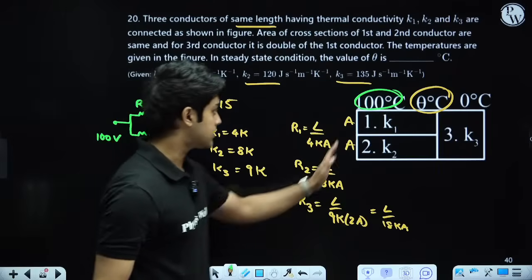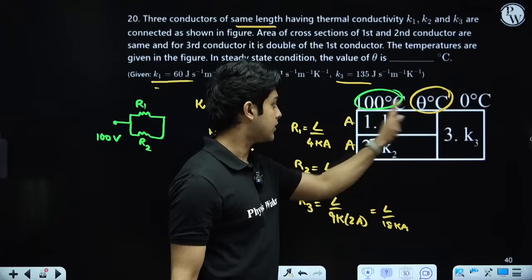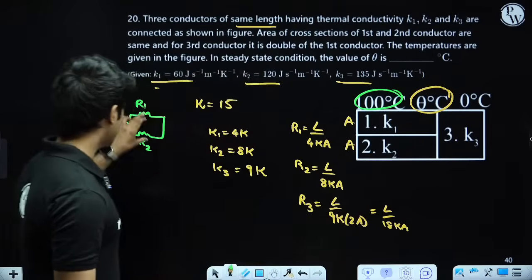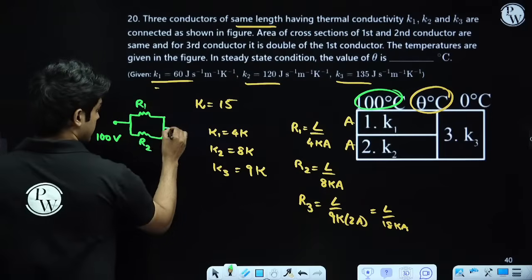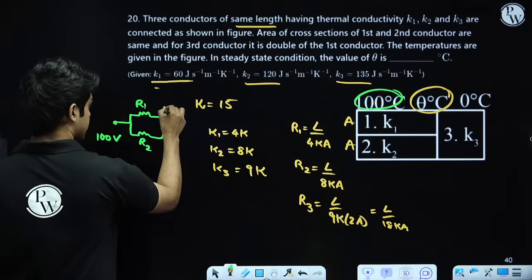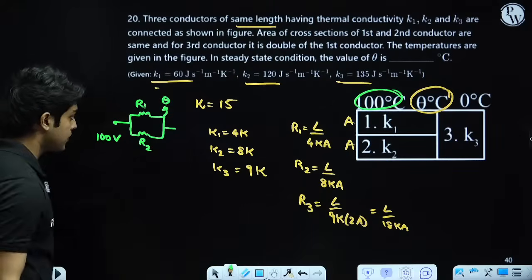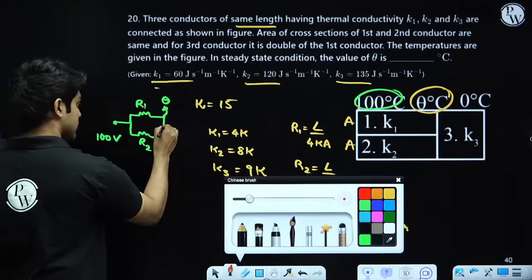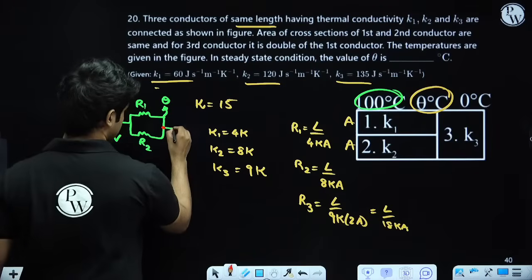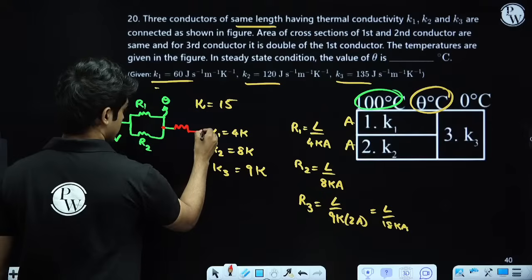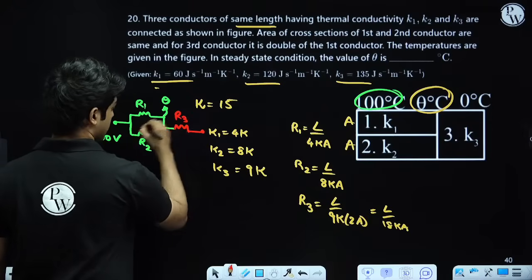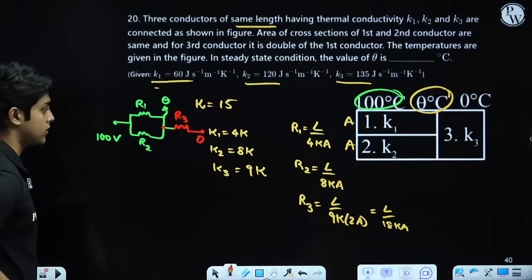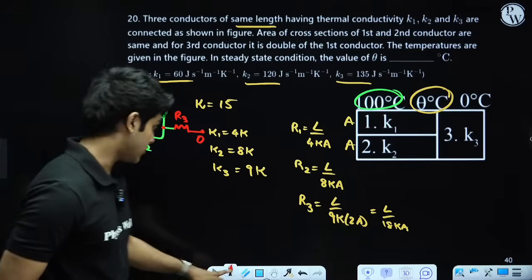Because the potential difference is the same. The temperature difference is 100 minus theta for both conductors. At this node the temperature is theta, so we take it as theta volt. Then we have a third resistance, R3, and this point is at zero potential. So now it's an Ohm's law problem.